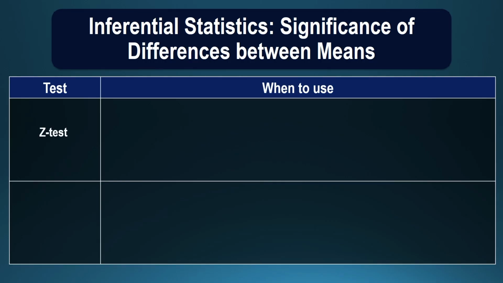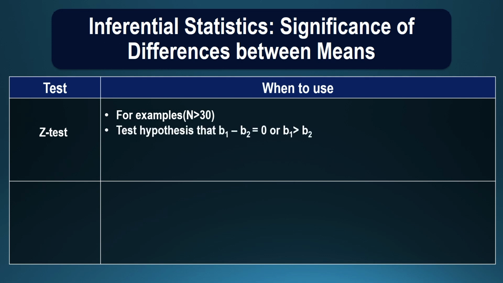So you can use Z-test when the sample is greater than 30. That means you consider it a large sample and you test the hypothesis μ1 is greater than or equal to μ2, or μ1 minus μ2 is equal to 0. Or you test the hypothesis that μ is equal to X in case of a single mean.